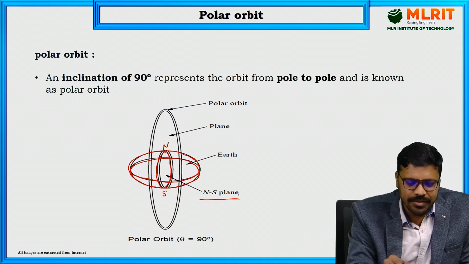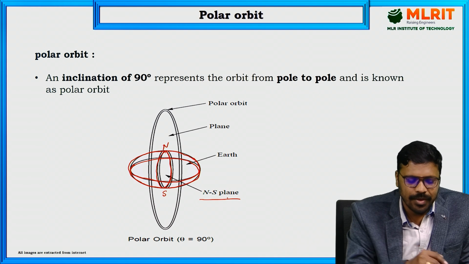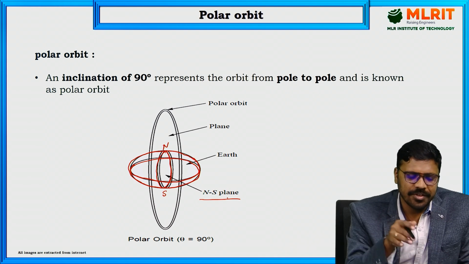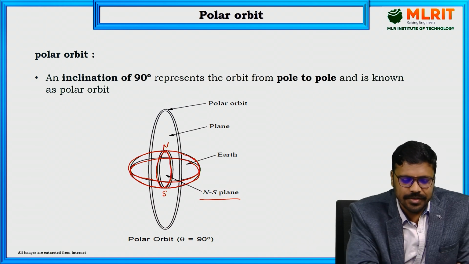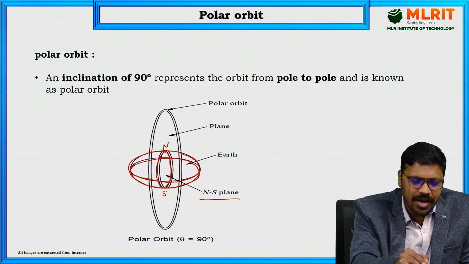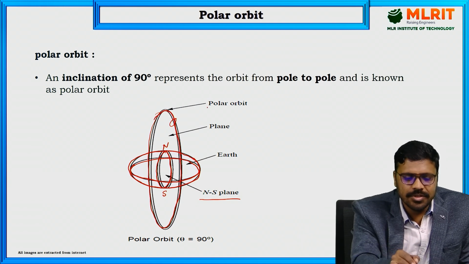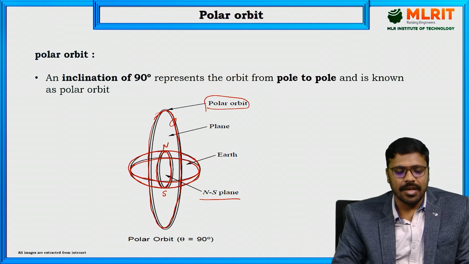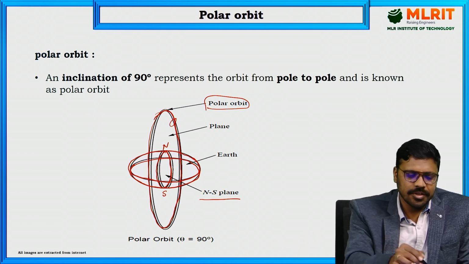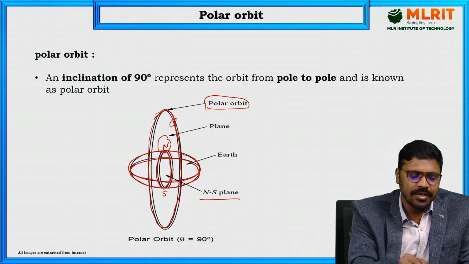You can see this plane is the north-south plane, the plane passing through the north and south poles. And this is one orbit which is also passing over the north and south poles. Then this orbit is called a polar orbit.